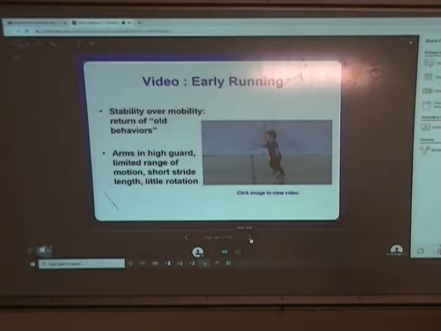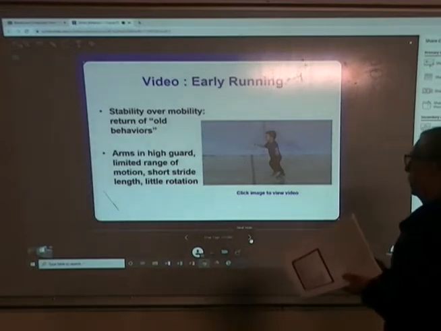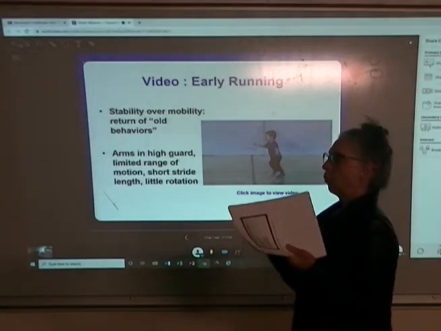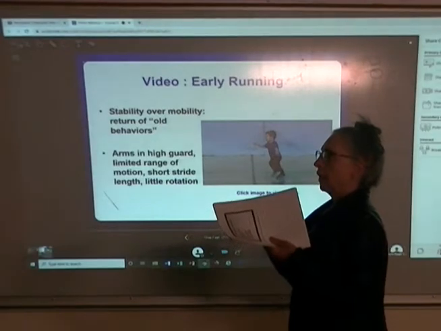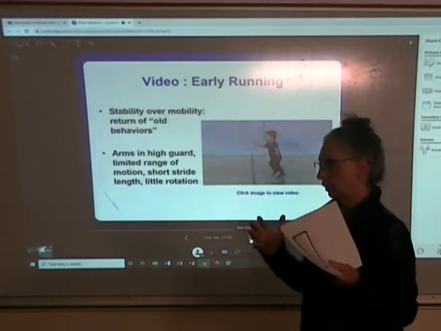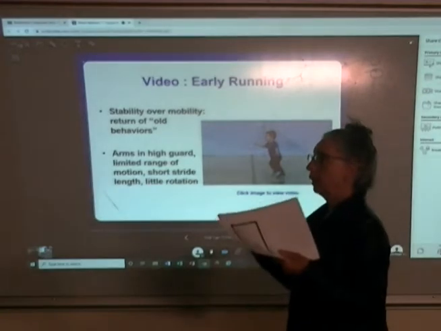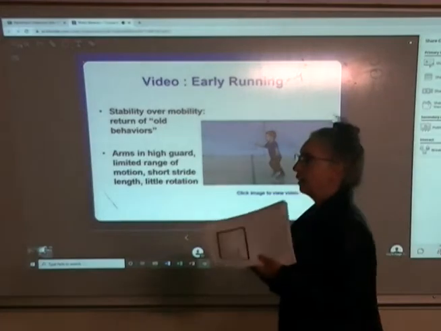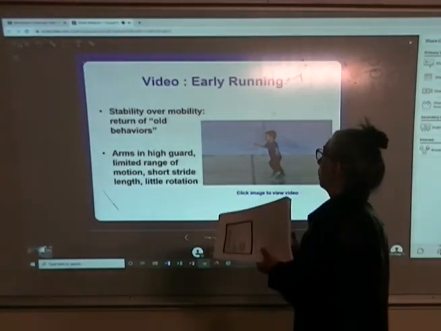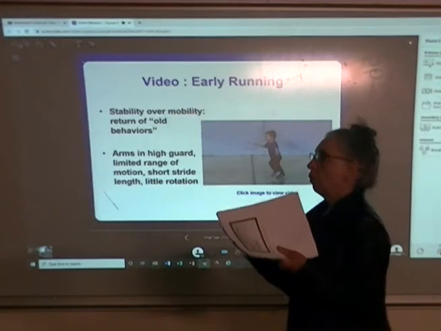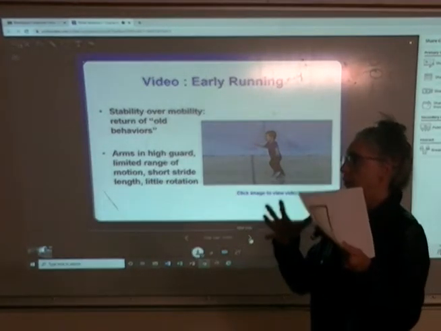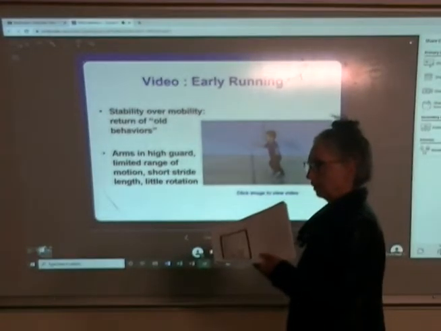So, when we are transitioning from walking to running, we have a point where it almost looks like the child goes backwards, right? Because the walking pattern has become quite confident. And then when they decide to add a little bit of speed, the brain goes, uh-oh, I could fall over, and it goes back to that stability pattern over the mobility pattern, right?